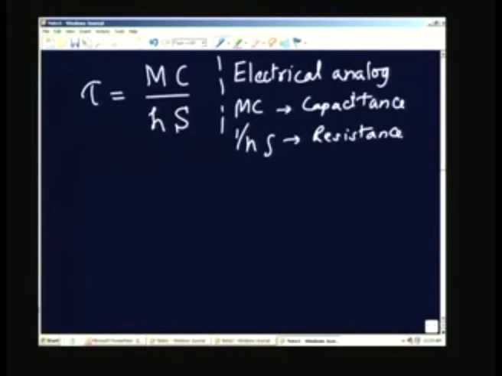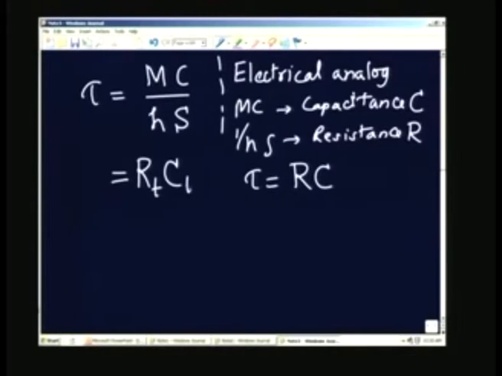If I show it as capital C and that as R, the time constant for an electrical system is R times C, and exactly that is what we have here. If you want, you can show 1 over hS as the thermal resistance, R thermal, and mc as the thermal capacitance, C thermal. So, tau is equal to R thermal times C thermal. This is the analogy between the two systems, that is number 1.